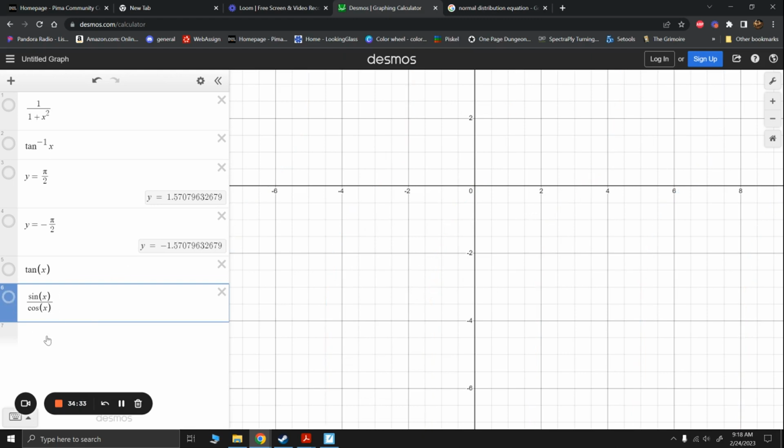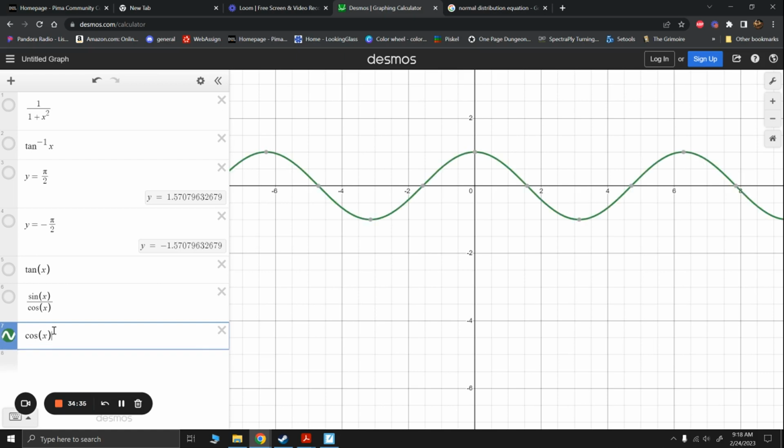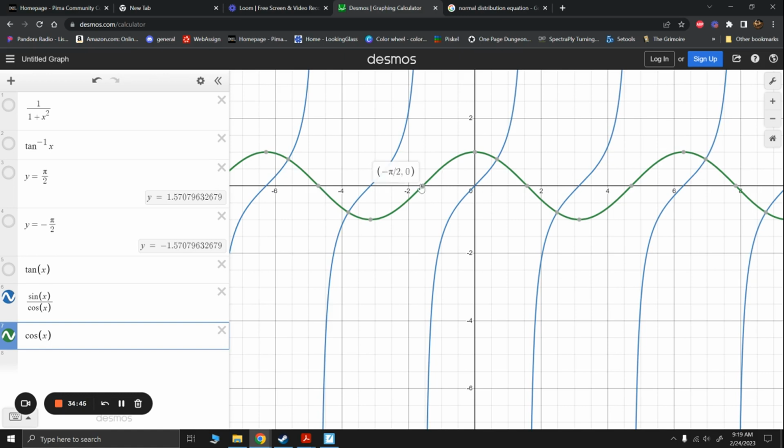So let's take a look at when cosine of x is 0. It's at negative pi halves to pi halves. That's when it hits 0. And so that's where our vertical asymptotes are for tangent. And so for tangent inverse, the vertical asymptotes become horizontal asymptotes, so that's really why.